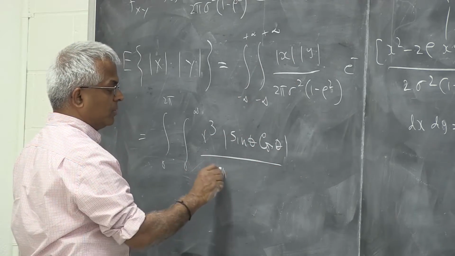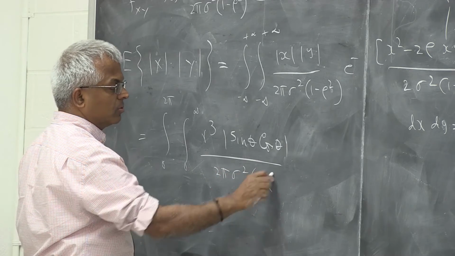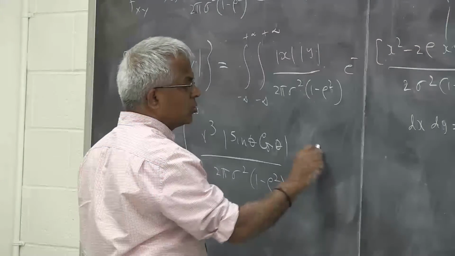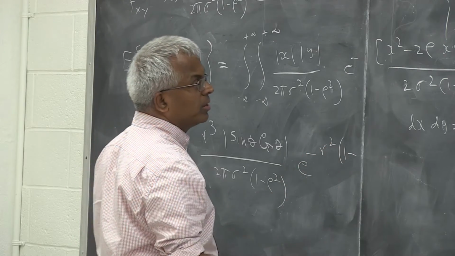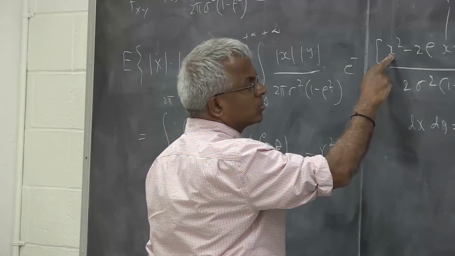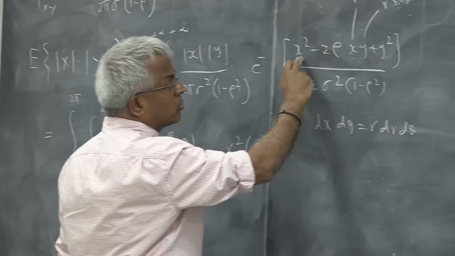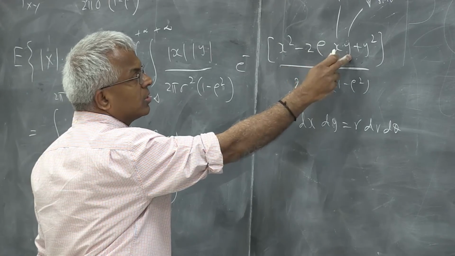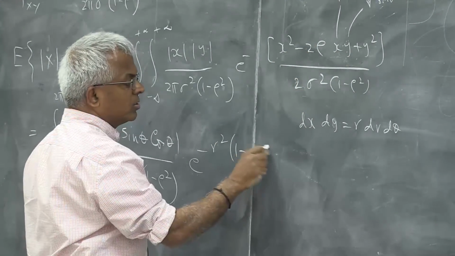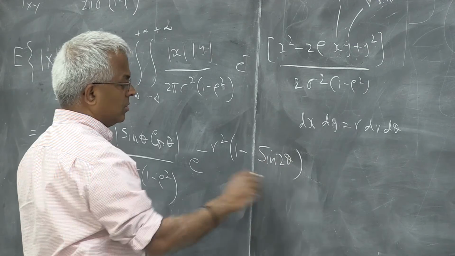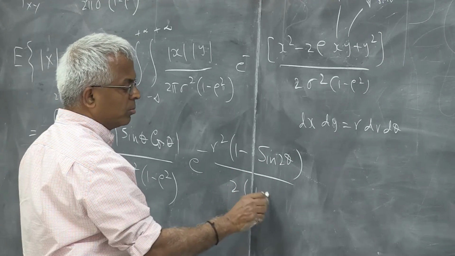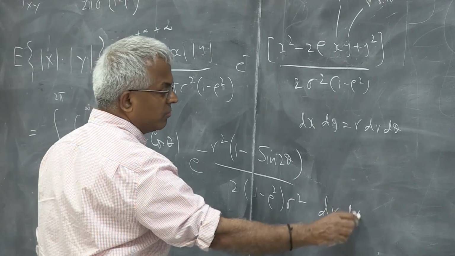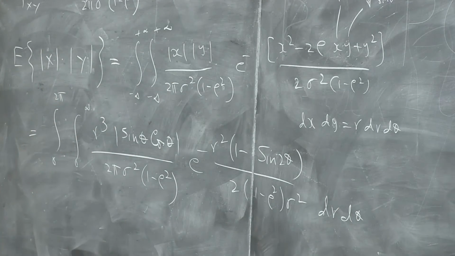And you have 2 pi sigma squared square root of 1 minus rho squared, e raised to minus r squared into 1 minus... So this is r squared sine squared plus r squared cos squared, and sine squared plus cos squared is r squared. This is rho cos theta sine theta times 2, so that is sine 2 theta, over 1 minus rho squared sigma squared, dr d theta. We already took care of the r here.